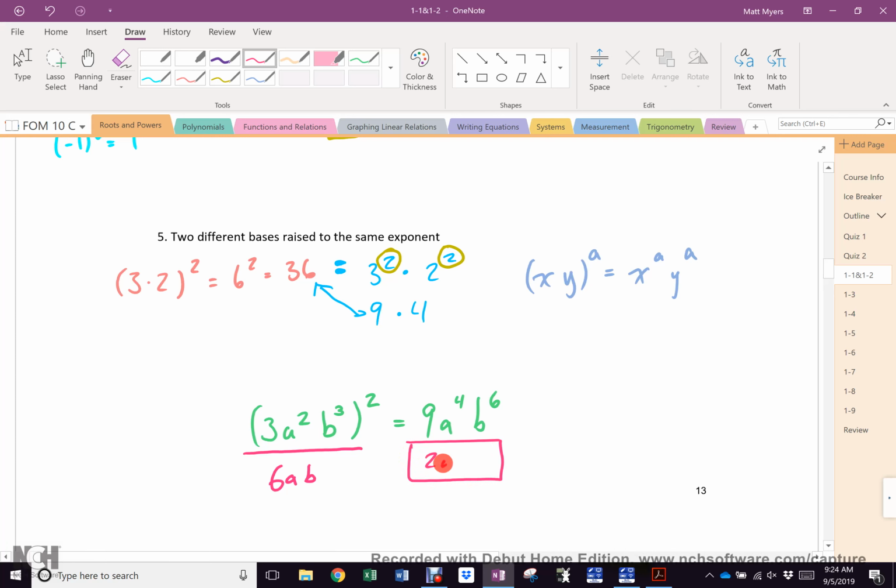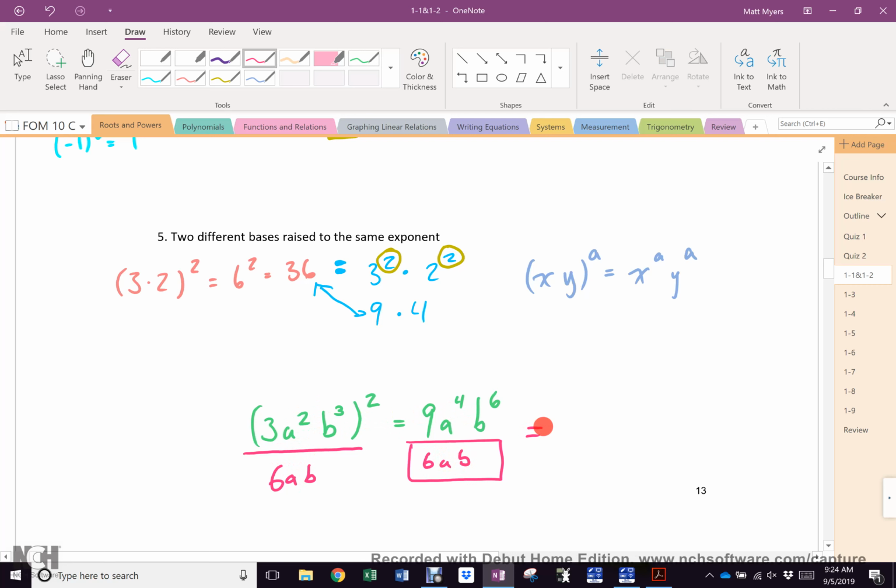I divided this by 6ab, right? So here we would get 6ab. Everybody cool?